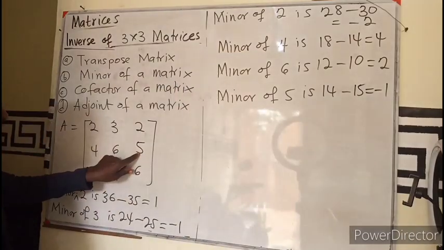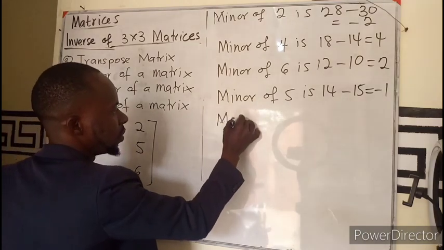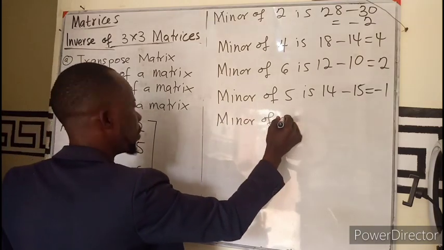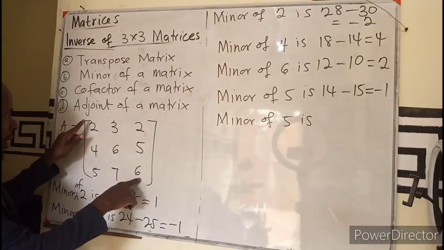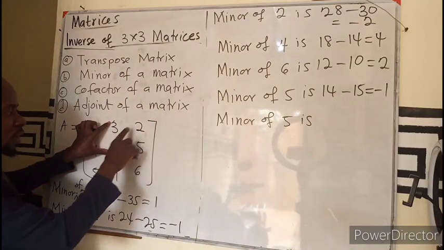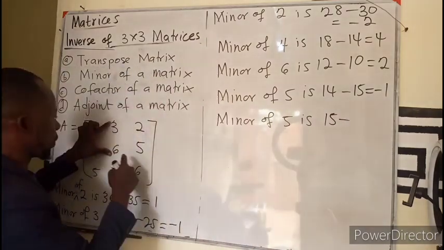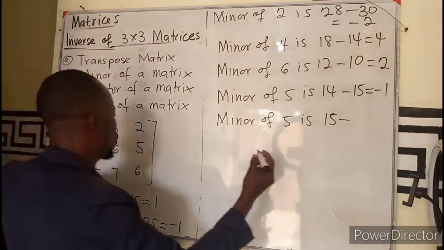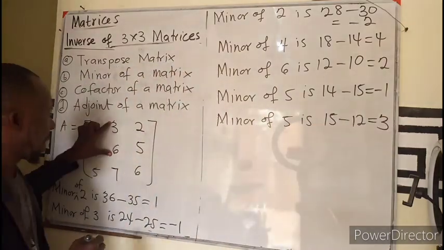So I am done with this. So let's go to 5. Don't forget, all this is gone. The top is gone, so we are left with this. So the leading diagonal, 15, other diagonal, 12. You have 3 as your answer.